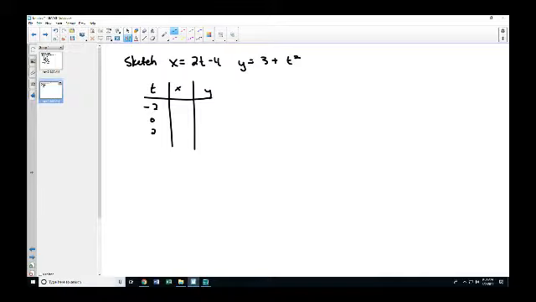Okay, so just pick a few time values and analyze them and see what you get, and then put those on a graph.